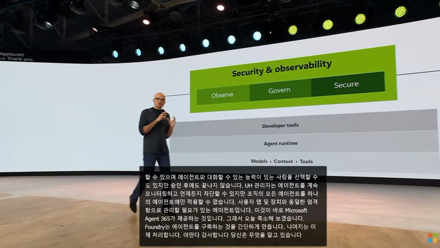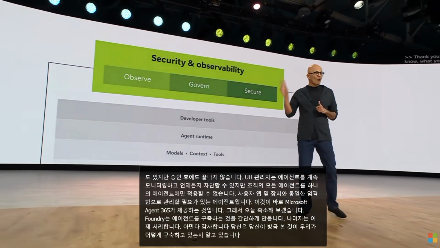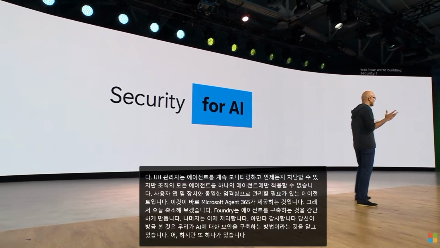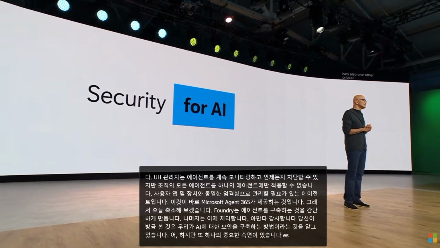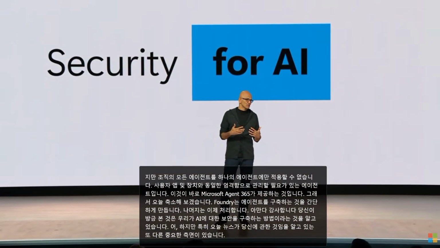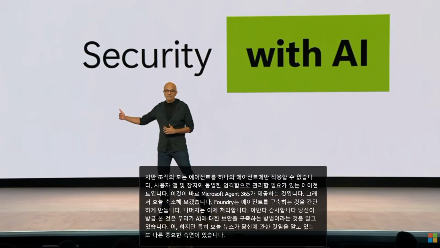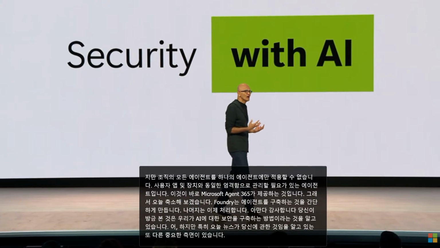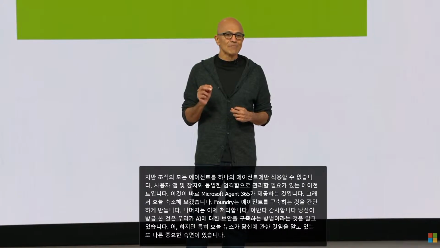You know, what you just saw was how we're building security for AI. But there is also one other critical aspect, especially since the news today is all about how you defend yourself using AI against attacks that may, in fact, be using AI. So last month, we announced our multi-model agentic security system, M-Dash.